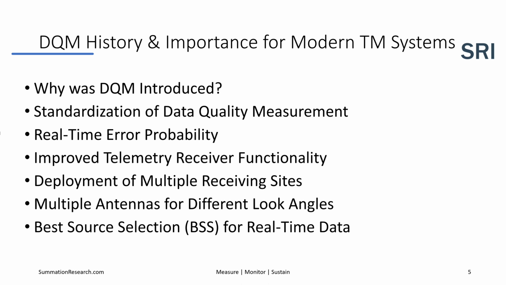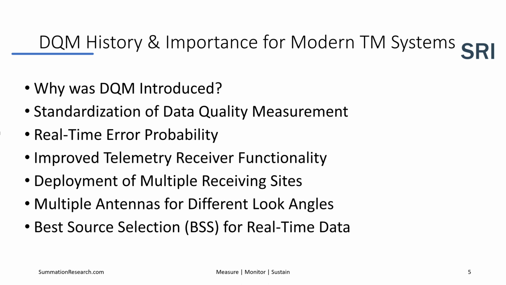Let's talk about the standardization of data quality measurement. As previously mentioned, before DQM, there was no consistent way to measure and report the quality of telemetry data across different systems and platforms. The introduction of DQM standardized this process, allowing for a uniform assessment and comparison of data quality.